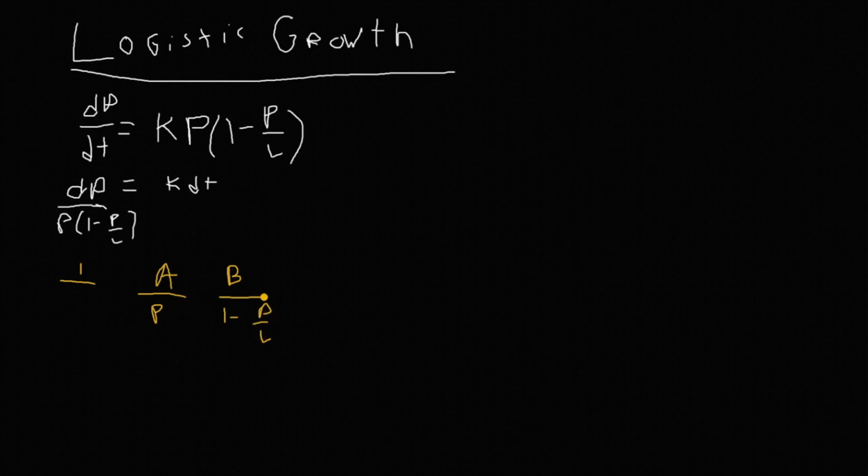And so we need to solve for these things A and B so that we could just integrate this with respect to p. That's the goal here, is to find these values of A and B.